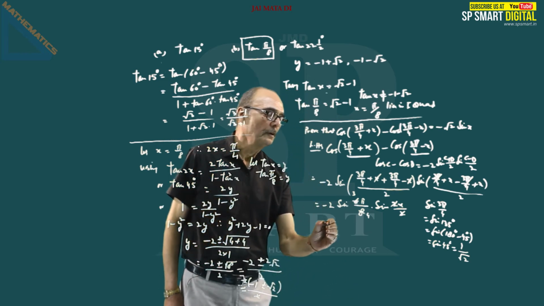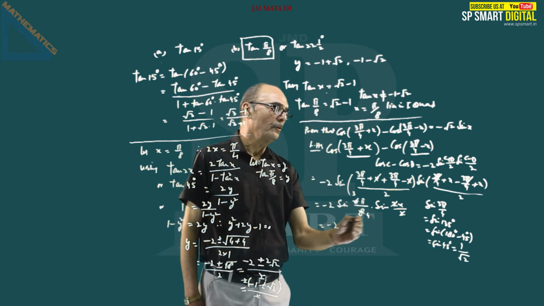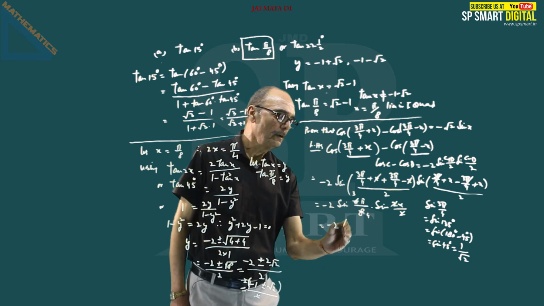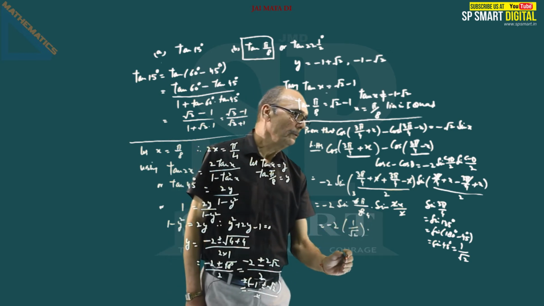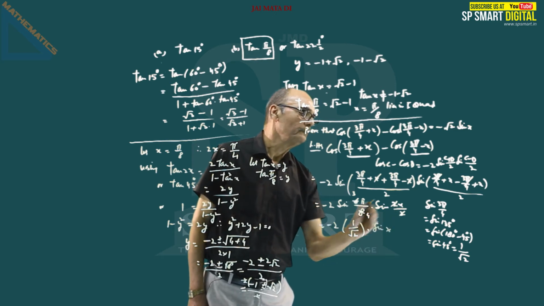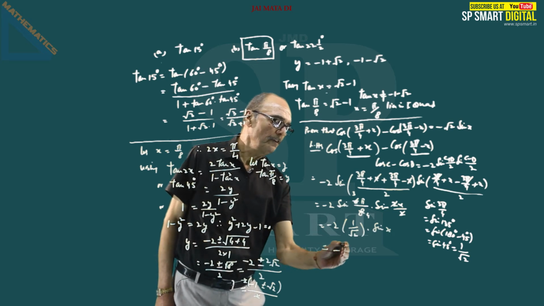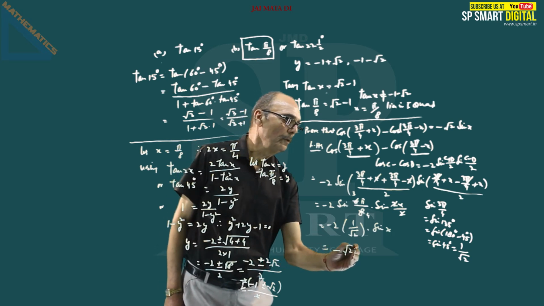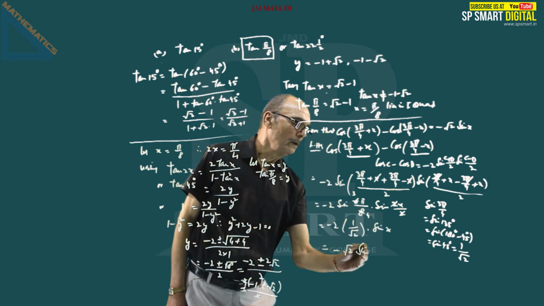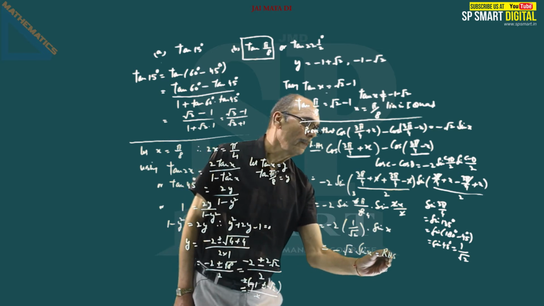So this is minus 2 sin of 3 pi by 4, that is 1 by root 2, into sin of x. This root 2 gets cancelled with this, so we have minus root 2 sin of x, and this is your right hand side.